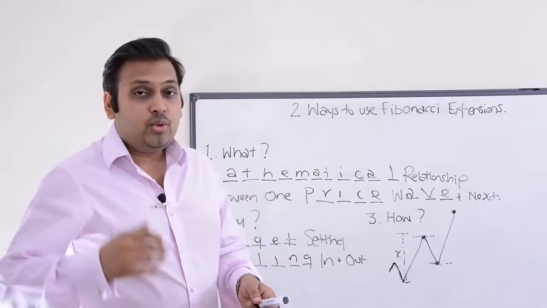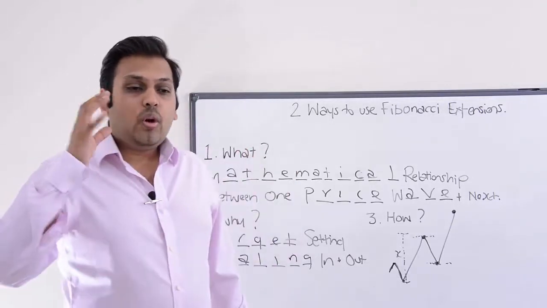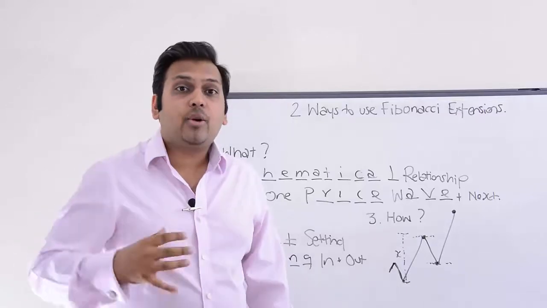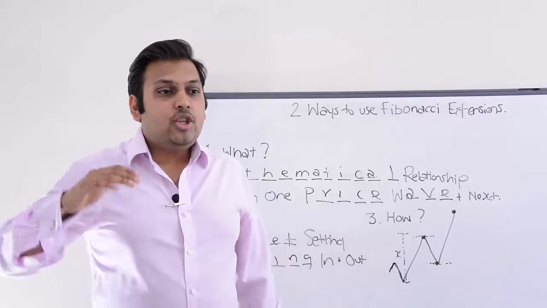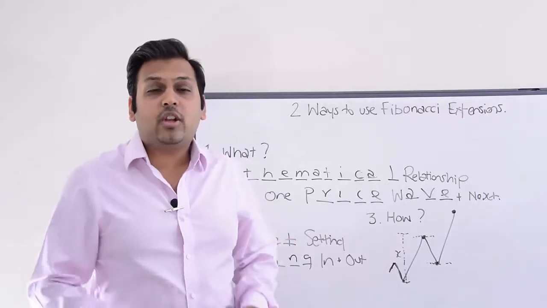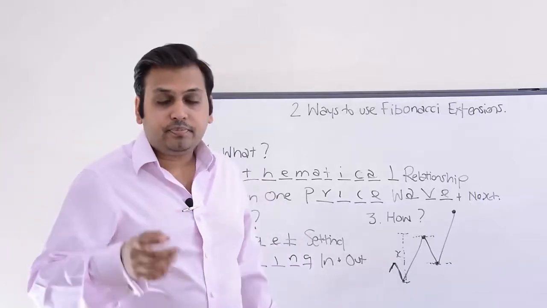So let's say that you get to a key level on the Fibonacci extension, and what happens is you decide to maybe take part of the profits and come out of the position. So let's say you decide that at 161.8, you're actually going to close out 50% of your position. So you're running those 2 lots on the euro US dollar, and you get to the 161.8 fib extension, which I'll show you in just a moment.